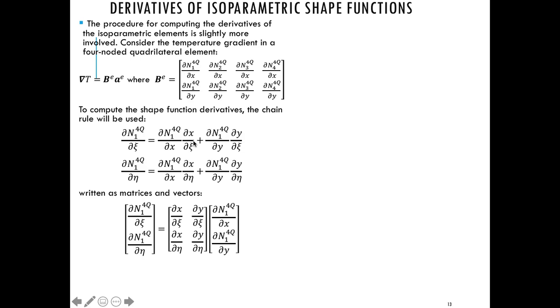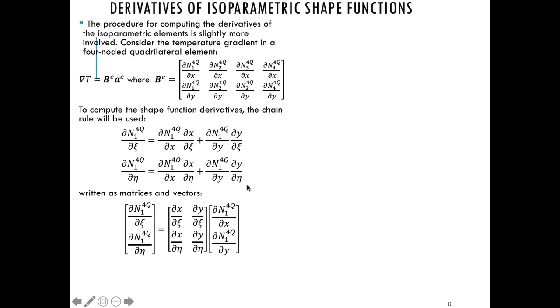Sorry, I apologize, del n1 with respect to del x appears in my first term for my first equation and for my first term for my second equation. So I'm going to take that out as a multiple and represent these two expressions in matrix format. So I get this expression right here. Please feel free to expand it out to see that I do get these two equations.